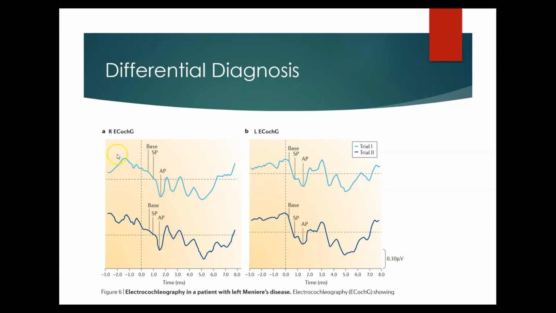So the right ear is normal, or doesn't show endolymphatic hydrops. But over on the left ear, you'll see that the summating potential and the action potential are very close together. The closer they are together, the more likely we are to see endolymphatic hydrops, which is indicative of Meniere's disease.